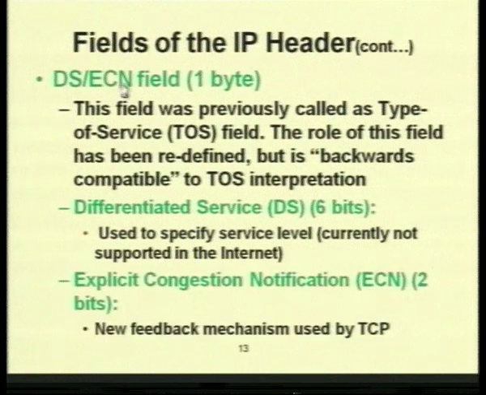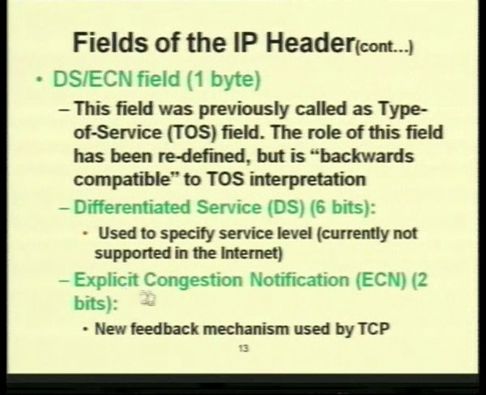And the ECN field, there are 2 bits that are used for this. This is used in case we want to provide explicit congestion notification, which will be used by TCP for doing some congestion control.